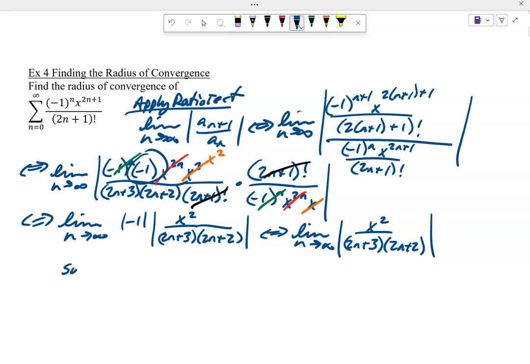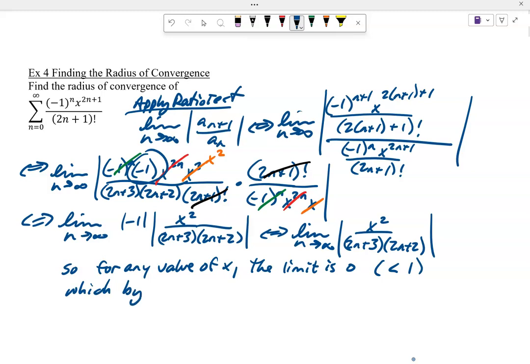And so for any value of x, the limit, see how n's going to infinity, so this bottom's going to be going to infinity, right? So we got this x squared over this huge number, so the limit will be 0, which is less than 1, right?